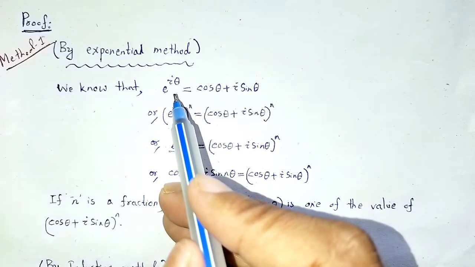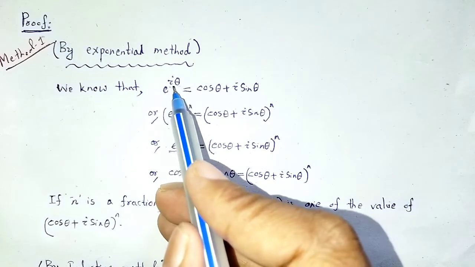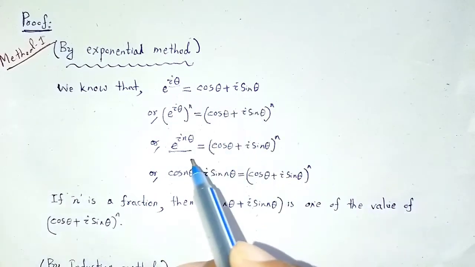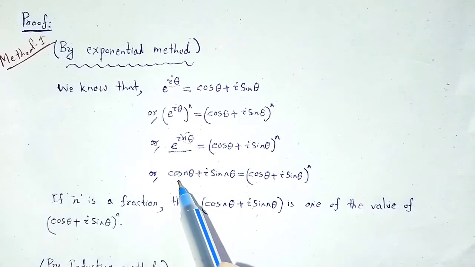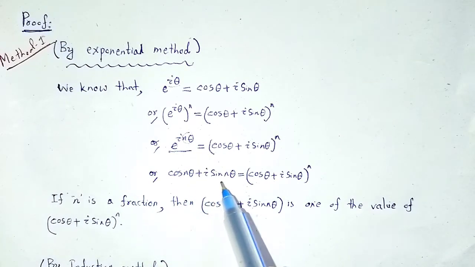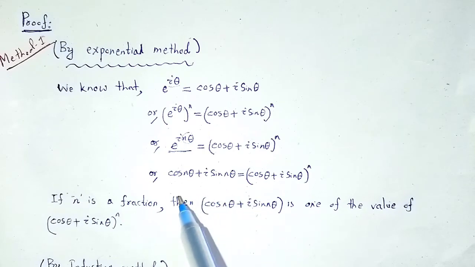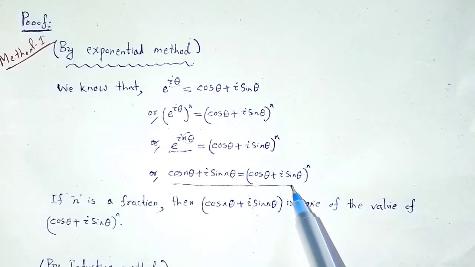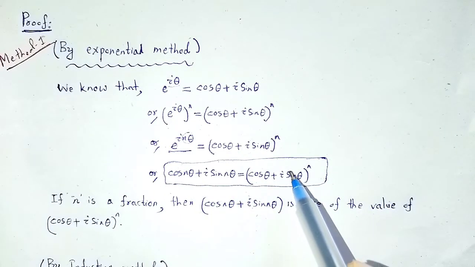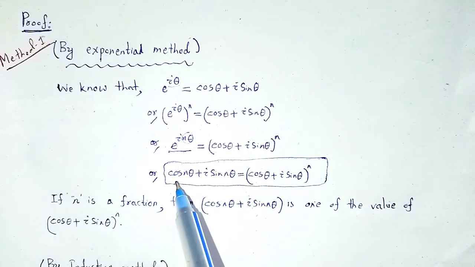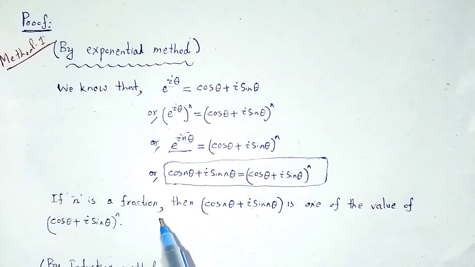As we know by using Euler's formula, e to the power i theta is equal to cos theta + i sin theta. Next, e to the power i n theta, that will be the angle, it will be cos n theta + i sin n theta. Now we show that the expansion of (cos theta + i sin theta) to the power n is equal to cos n theta + i sin n theta.